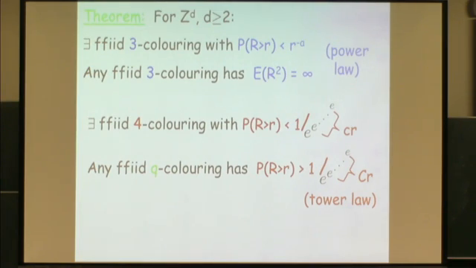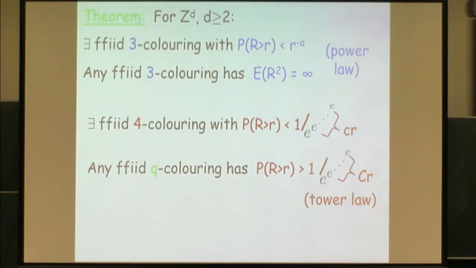So the probability that R is greater than r is 1 over a tower of exponentials of height about r, or constant times r. And actually that's the correct answer. That's tight, because any colouring with 4 colours, or any larger number, satisfies a similar lower bound with a different constant, of course. It's arguable how tight these bounds are, because the constant makes a huge difference to a function like this. But that's the correct form.